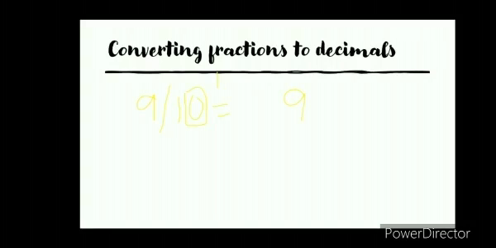So we have only one number here, so we need to keep the decimal point before one number, since there is only 1 zero. We have to keep the decimal point in here. Then it becomes 0.9. For your clear understanding, let me tell you 2 more examples.